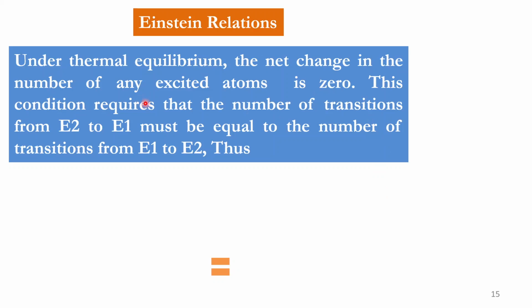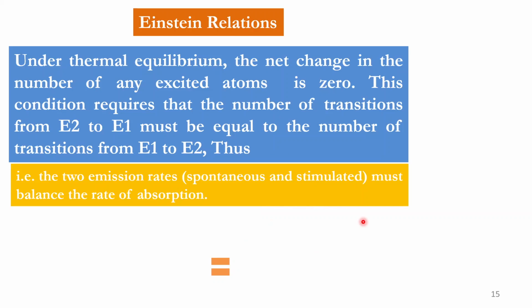This condition requires that the number of transitions from E2 to E1 must be equal to the number of transitions from E1 to E2.